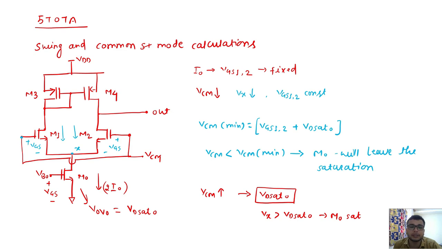So with higher VCM, M naught will always be in saturation. M naught is not creating the problem, so who is?